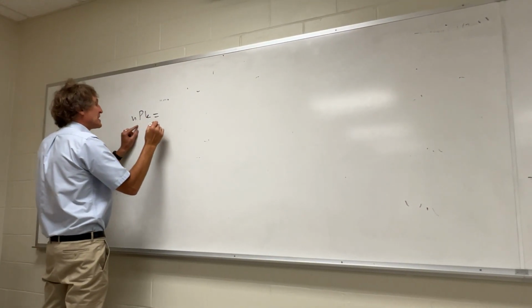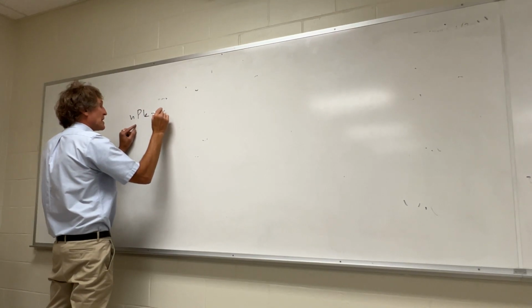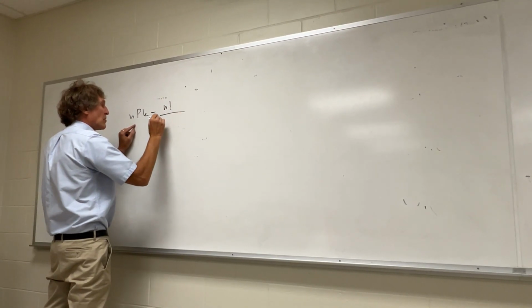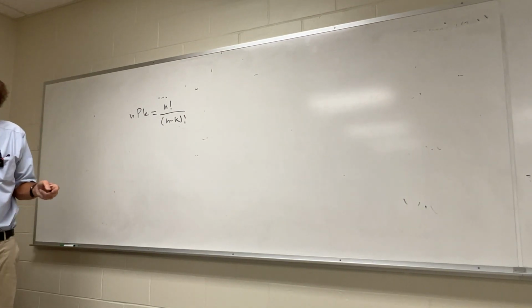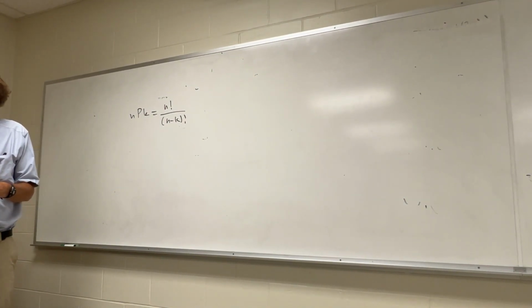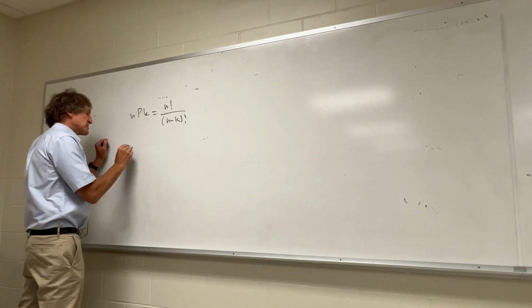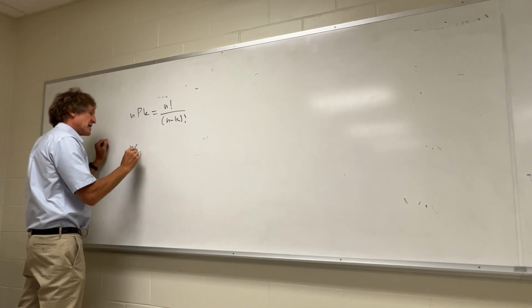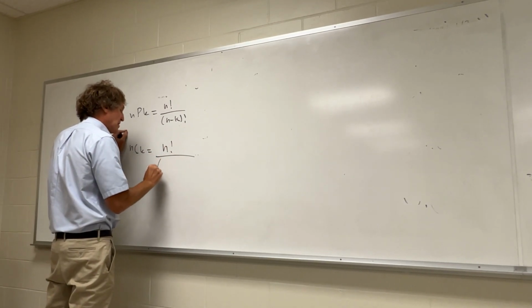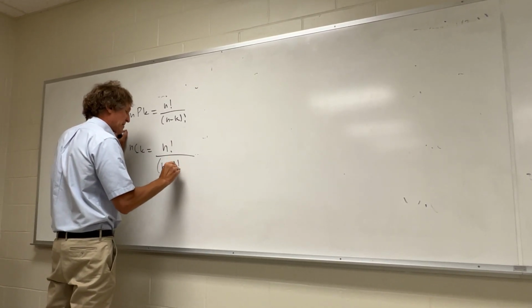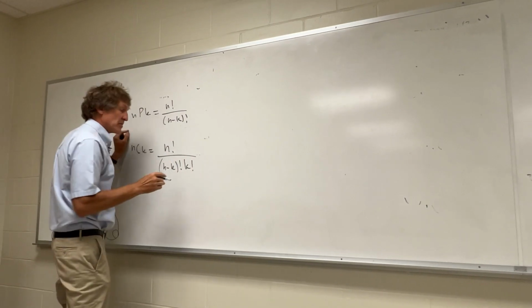That is really equal to n factorial over n minus k factorial. Does everybody follow me? I'm just putting it up there, right? Now, if we talk about combinations of n combination k, that's equal to n factorial over n minus k factorial times k factorial. Y'all with me?